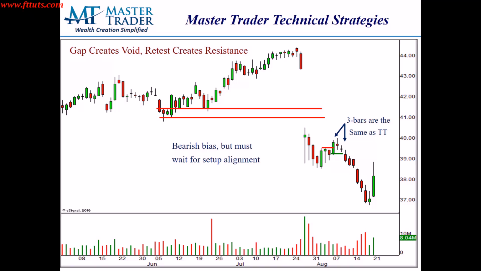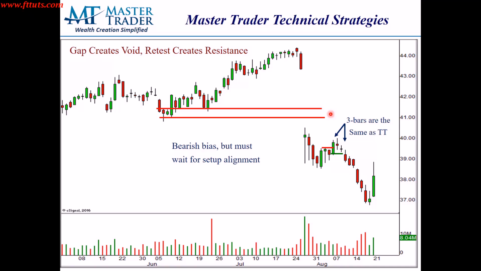Okay. Gap creates a void, right? And the retest creates resistance. So here was a gap down. There was a gap down under this support, and now there's this big void here. Sometimes prices will get up into this area, and that would be an ideal place to put on a short position.